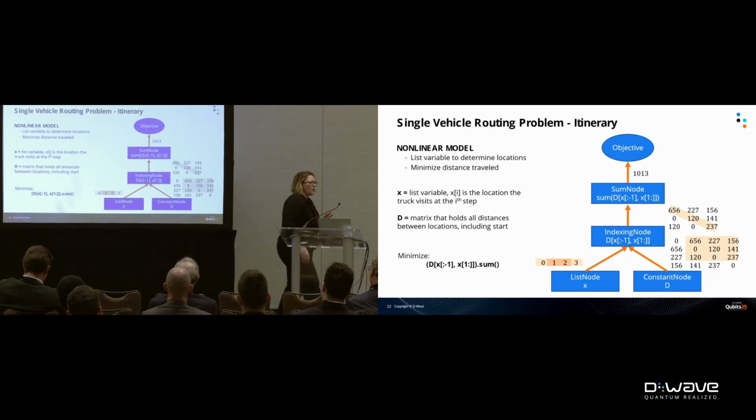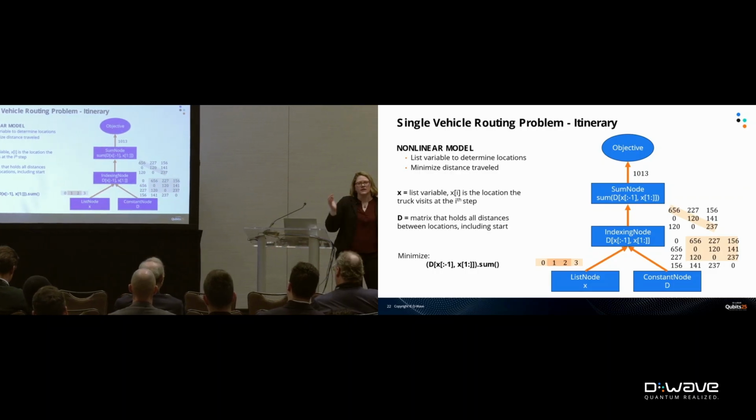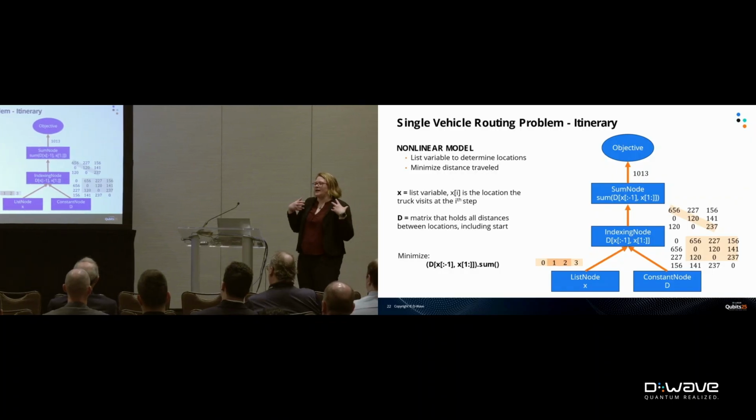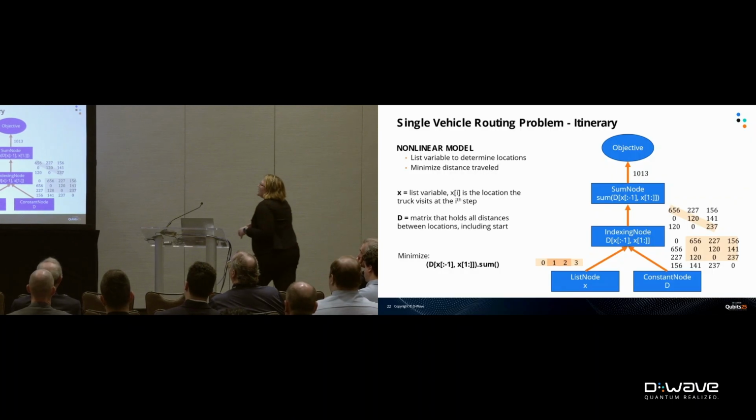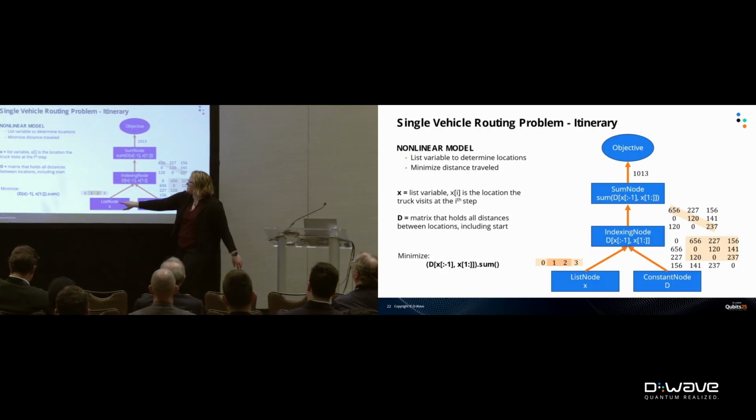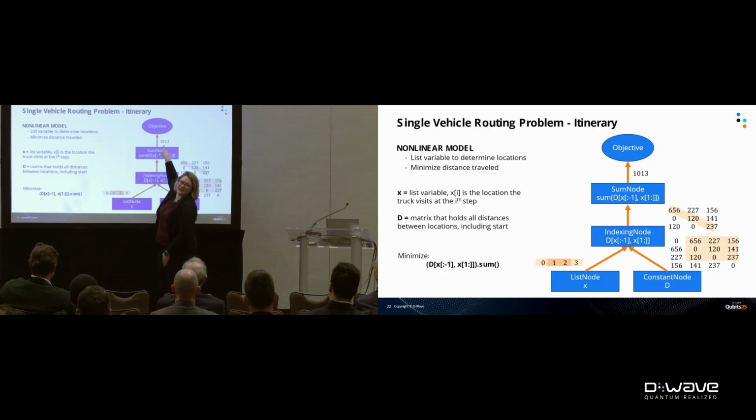Now, what the nonlinear solver does is it looks at that structure and it uses classical and quantum optimization methods to change this ordering to make this as small as possible.